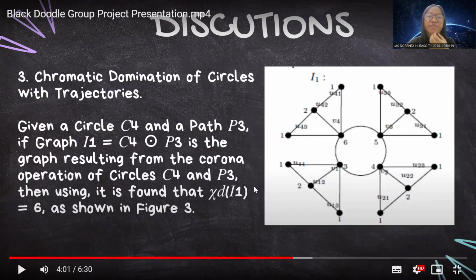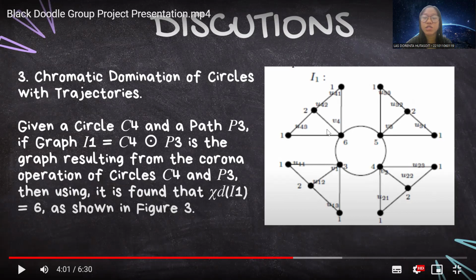And number 3, chromatic domination of circle with path. Given a circle C4 and a path P3, if graph I1 equals C4 ∘ P3 is the graph resulting from the corona operation of circle C4 and P3, then it is found that χD(I1) equals 6 as shown in figure 3.